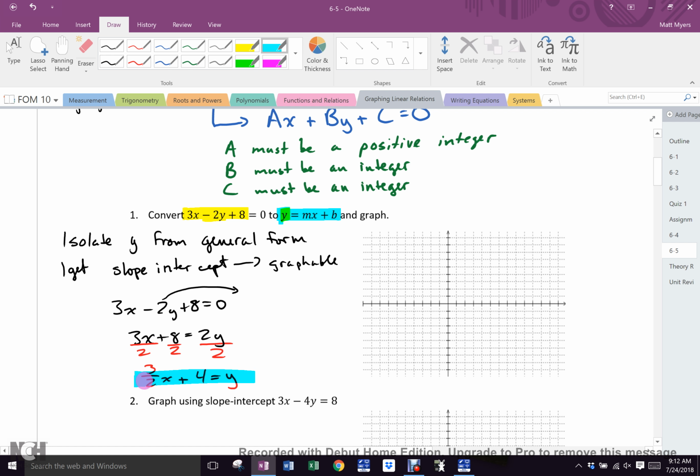Now, do the 2 blue ones look the same? Yep. So now can we graph it just by looking at it? Where do I start? 4 where? 0, 4. 1, 2, 3, 4 at the y-axis. Then what?